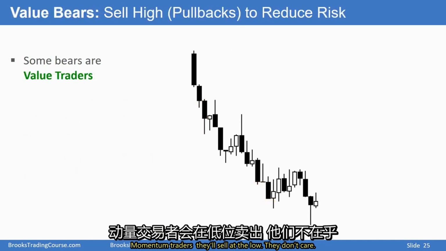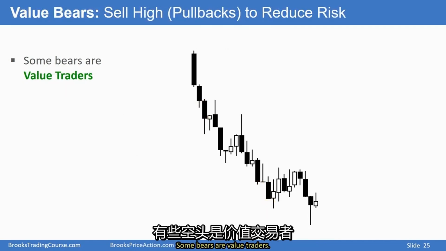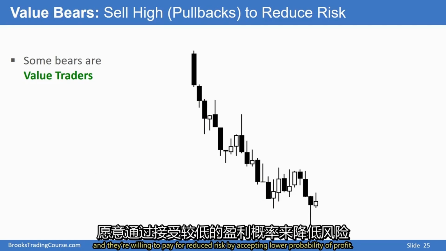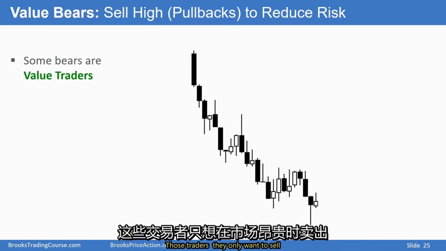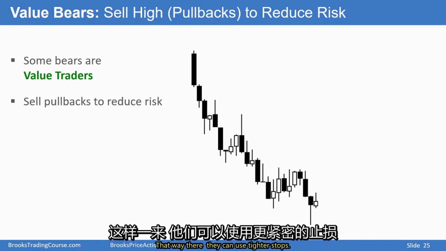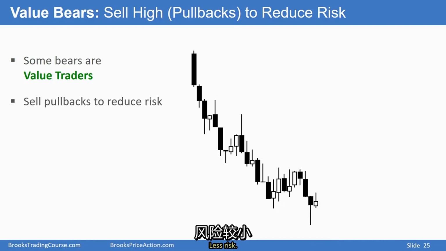They don't care. Some bears are value traders. They don't want to risk that much, and they're willing to pay for reduced risk by accepting lower probability of profit. Those traders only want to sell if the market's expensive. So they're looking to sell pullbacks. That way they can use tighter stops, less risk.